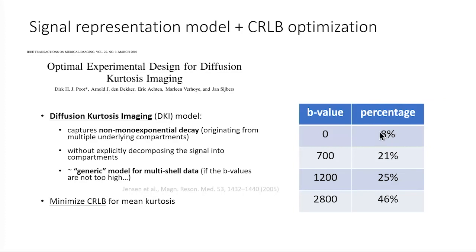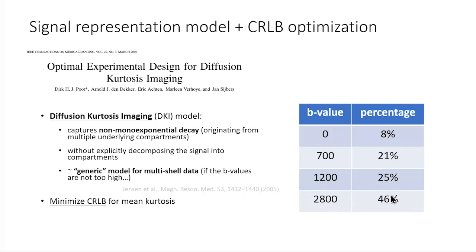They found a 4-shell acquisition scheme with B0, B700, B1200, and B2800, with increasing numbers of directions as the B value increased. This is not surprising, of course, because if you go to higher B values, there are multiple things going on.